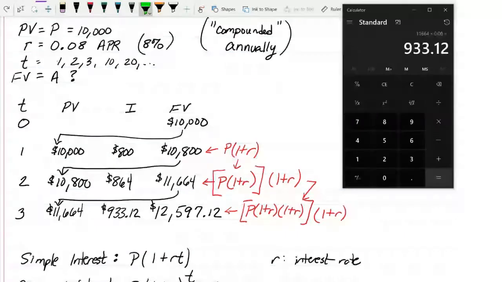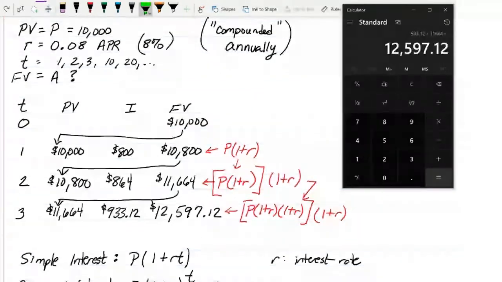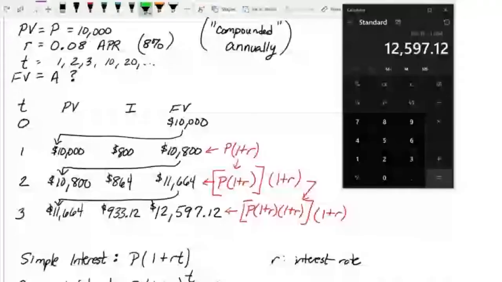So I add that $933.12 to what I started with, 11,664, which gives me a final value after year number three of $12,597.12. And the neat part about this, right, is that this interest amount is going up because I'm earning interest on the interest, right, that I previously got. And you can even see that.